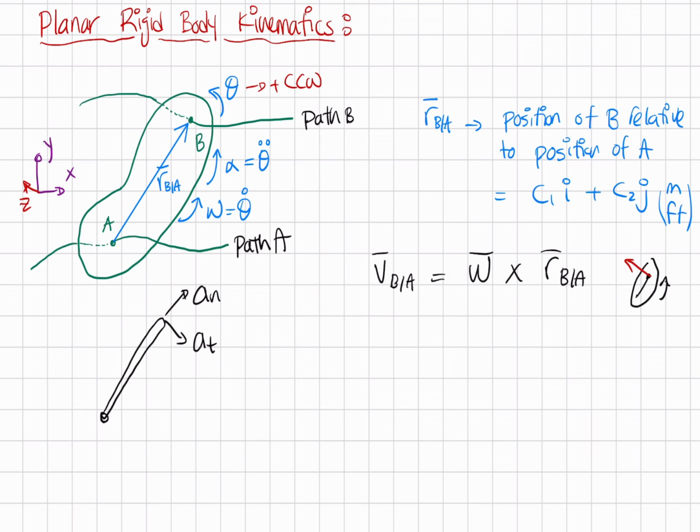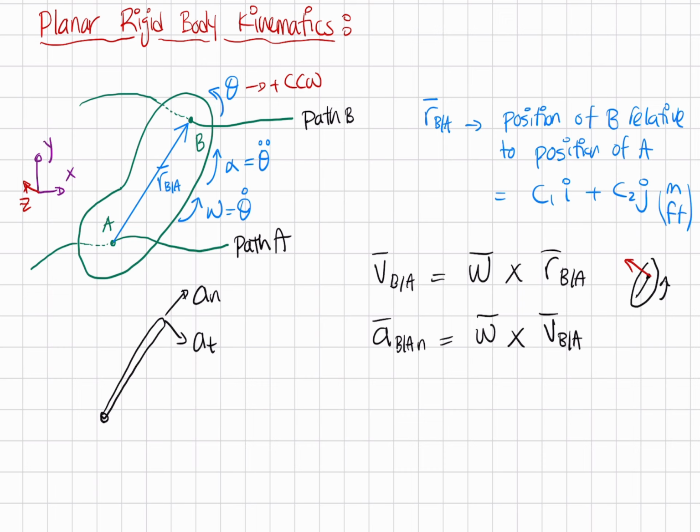So now we want to describe those as well. So let's call this A_BA normal, and we give it a vector bar. This is described via omega cross product V_BA. So that's how we can describe it.